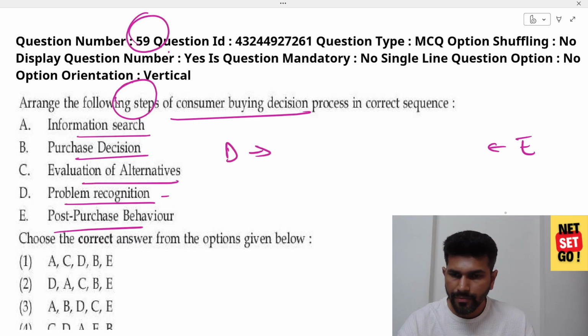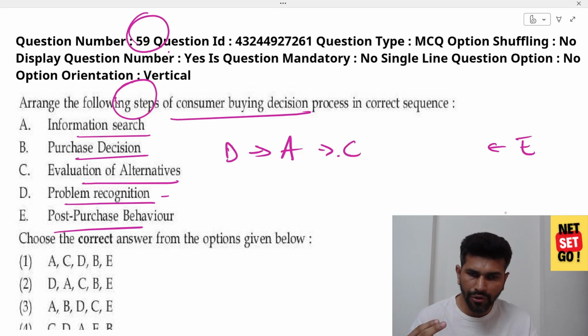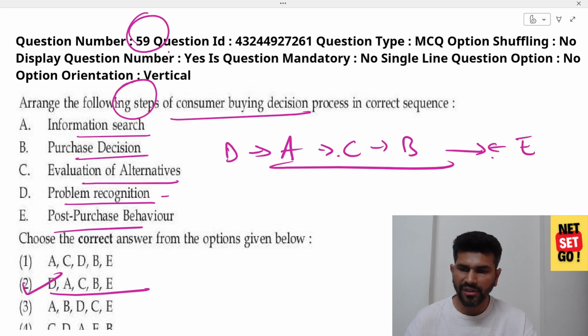D first, then information search, then evaluation of alternatives, then purchase decision and post-purchase behavior. D, A, C, B, E is correct sequence. Option 2 is correct answer.